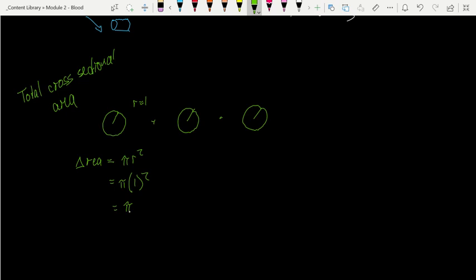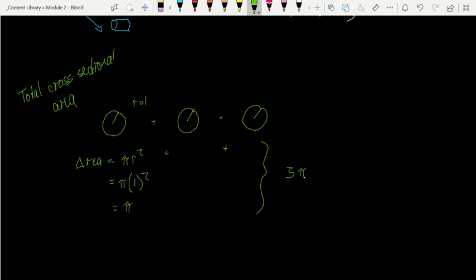As I add them up, that area plus this area plus this area, the sum total is simply 3 pi for this scenario. This is the sum of cross-sectional areas. So this is what I want you to recognize now.